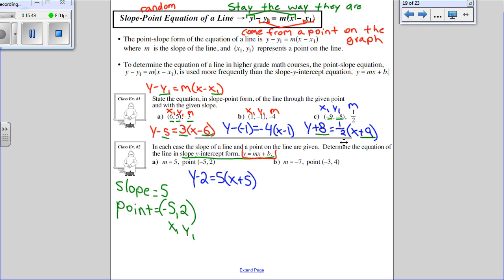So the first thing we're going to do is get rid of the brackets. To get rid of the brackets, we use the brackets, meaning that we multiply that 5 in. That's how you use brackets, right? They mean multiply. That changes my equation to be y minus 2 equals 5x plus 25.